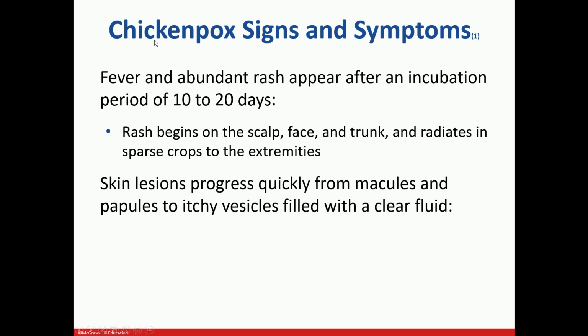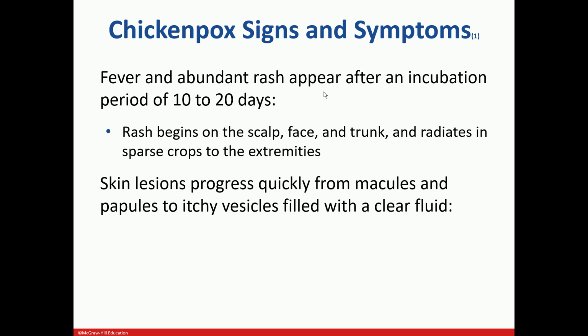This disease involves fever and the formation of a rash, but this virus has a long incubation period. So it will infect the individual for 10 to 20 days and then it will show its symptoms. The symptoms are usually fever, and the rash begins on the scalp, face and trunk, and it then radiates to the extremities.